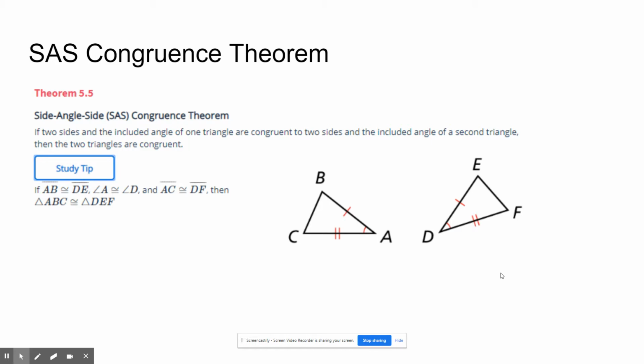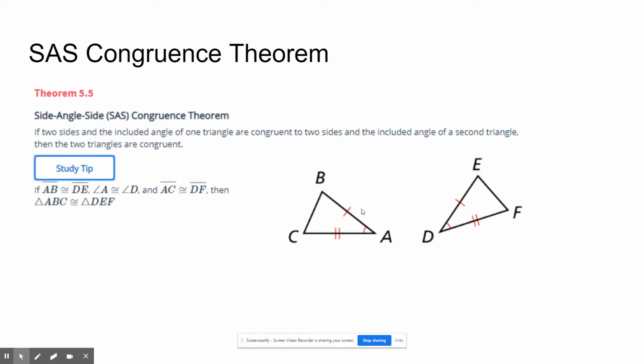If, for example, you know that you have one pair of congruent sides, another pair of congruent sides, and the included angle, the angle in between those two sides that are congruent, then you can conclude that those two triangles are congruent. You don't need to know anything else about the other sides or angles.